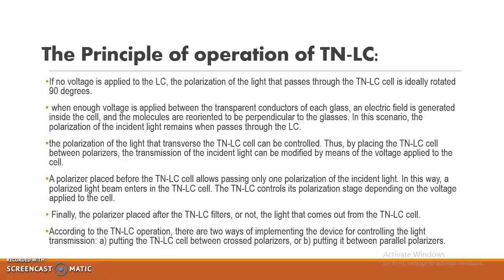On the contrary, the input light is blocked by the device when no voltage is applied to the TNLC cell, and the light passes through the device when enough voltage is applied to the TNLC cell. The procedure described has been mainly used in display applications, but it can also be used for optical multiplexing as well as optical switching.